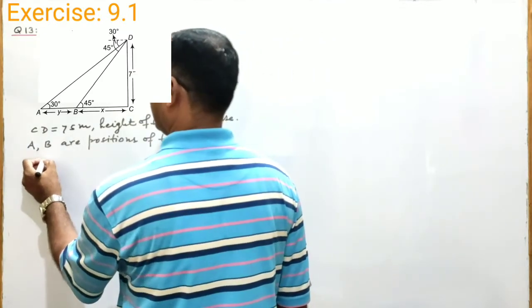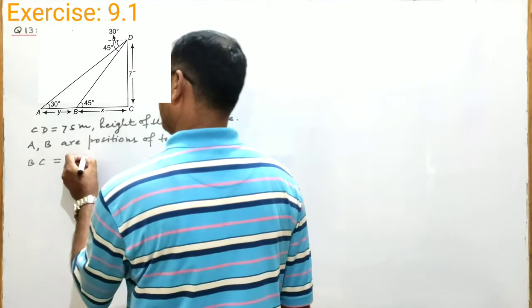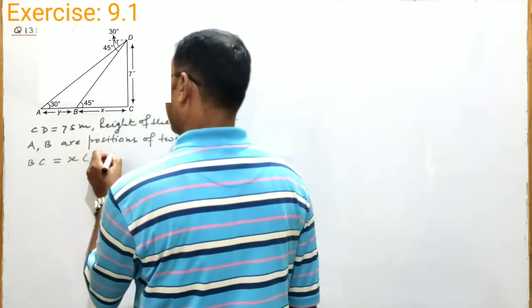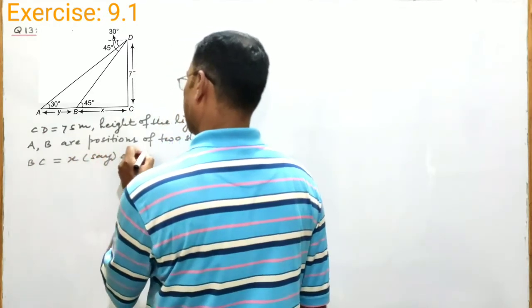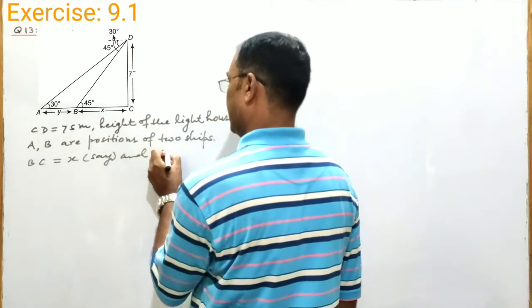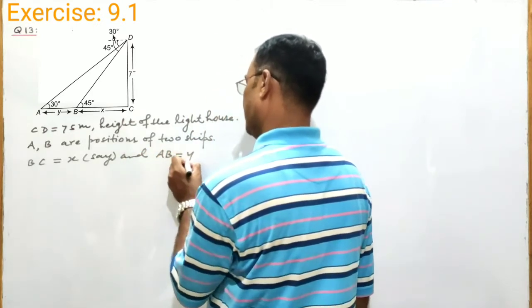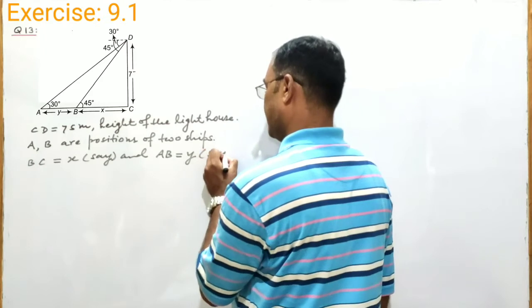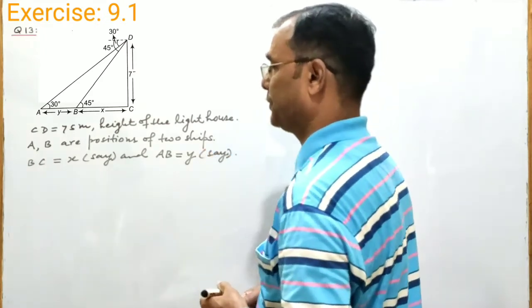BC is equal to X, let us suppose, and AB equal to Y, let us suppose.